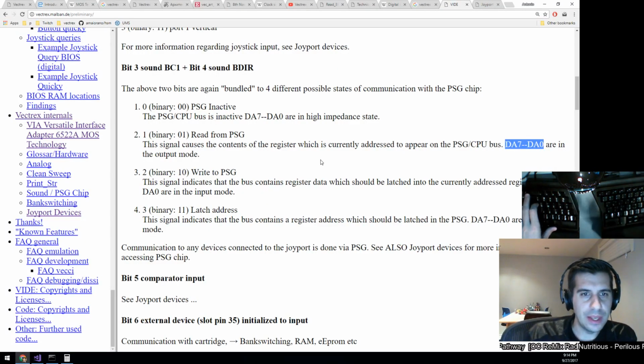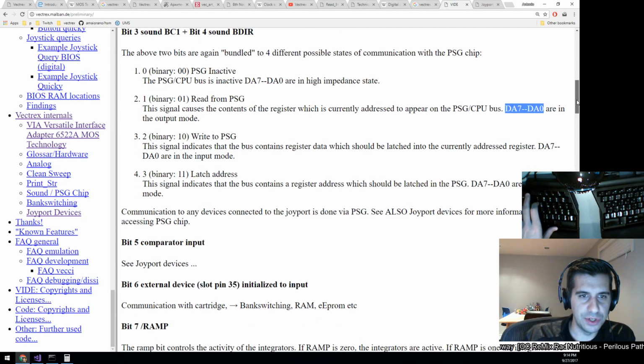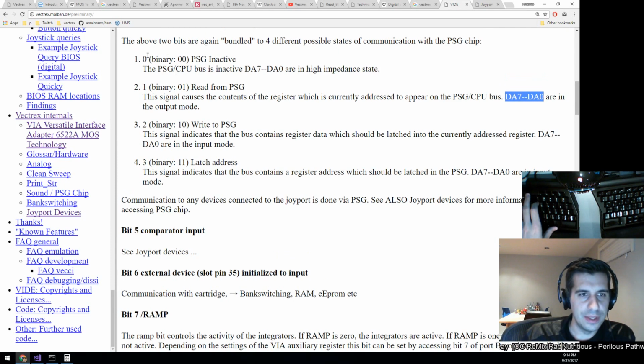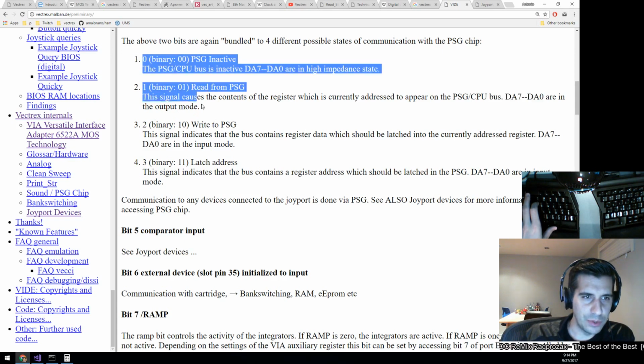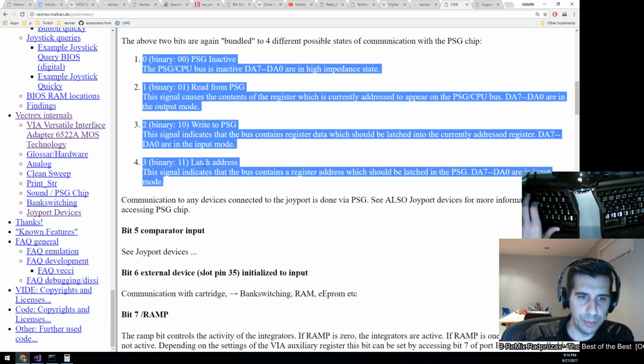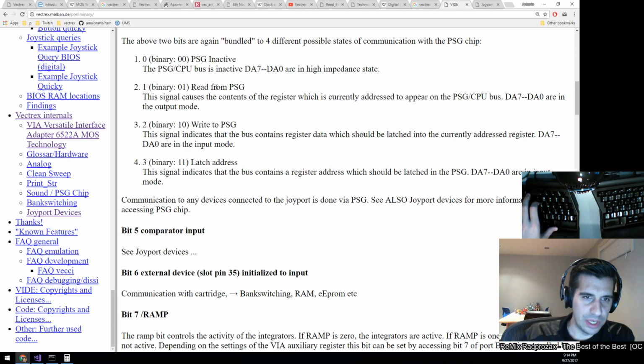You know what? I'm sure that they go into more details when we read the joystick stuff. So, anyhow, a bit unsure about this 0 1 1 0 here. But the point is, once we figure this out, we'll understand what those 2 bits are for. So there's one mode that's read, one mode that's write. In one mode, we can read values from some register that we specified on the sound chip.